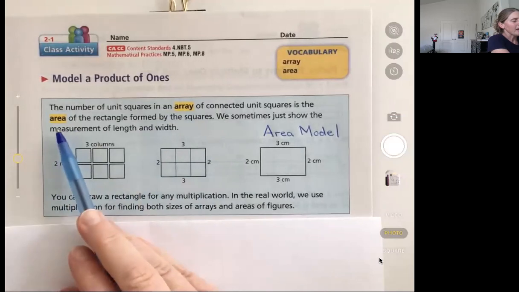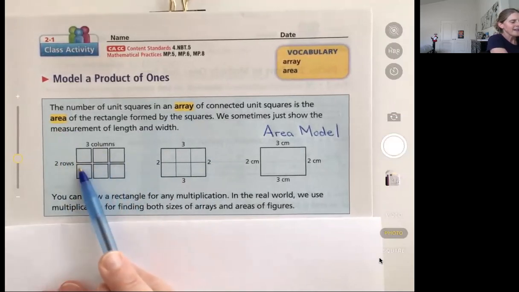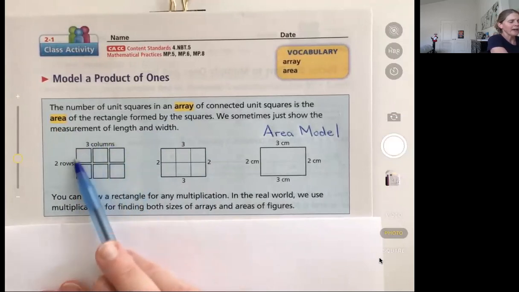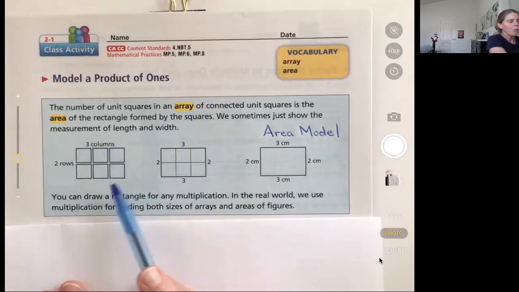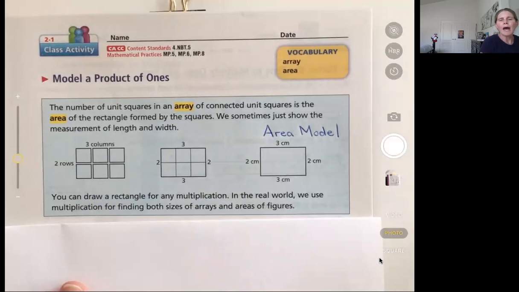Well, area, if you'll remember, is the measurement inside. So if these are considered square units, and we wanted to find the area of this, we could take our rows times our columns, and we could find out how many square units that is.